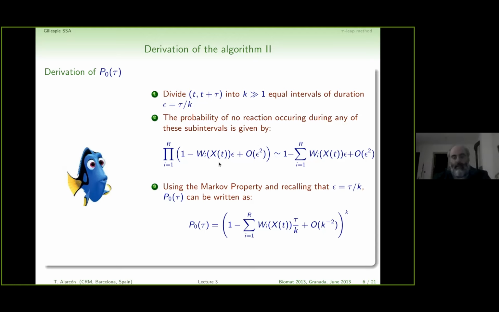These W quantities are the rate of probability, so it's the probability per unit time of event I. If you are considering a small interval, the W multiplied by the small interval is going to give you approximately the probability of the event occurring, but that has corrections, and those corrections are order epsilon squared.